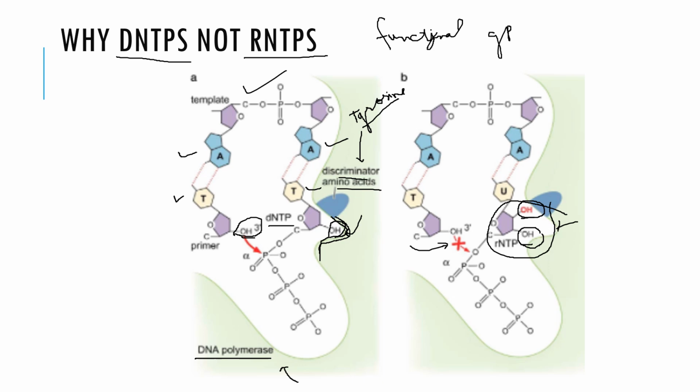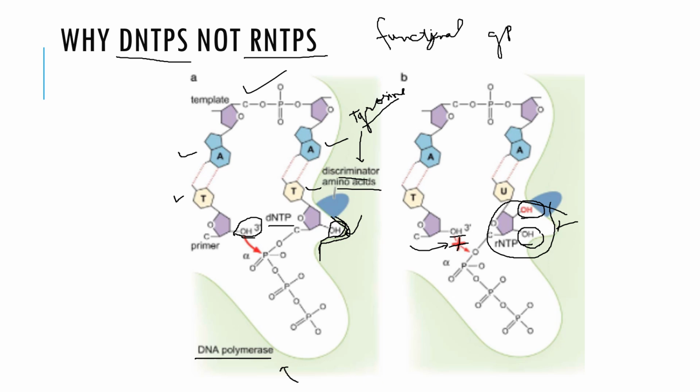The distance between the hydroxyl group and alpha phosphate will increase. If the distance increases, the hydroxyl group will not attack the alpha phosphate of the nucleotide. If there is no attack, there will be no phosphodiester bond between two nucleotides. So that's why during the process of polymerization, dNTPs are used by DNA polymerase, not rNTPs.